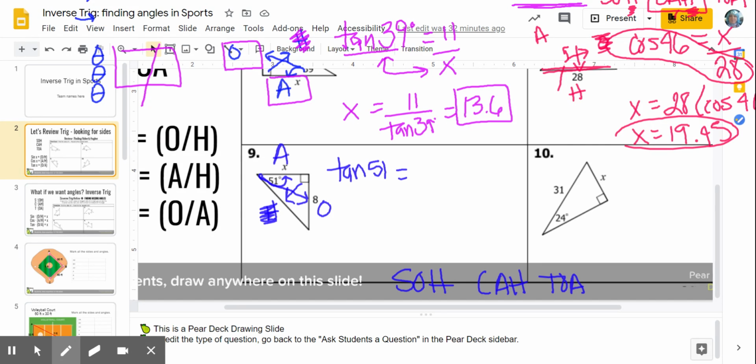So I'm going to do tangent is O over A. So 8 over X. And what's the next step? Eight over tangent 51. Perfect. These two things swap places.